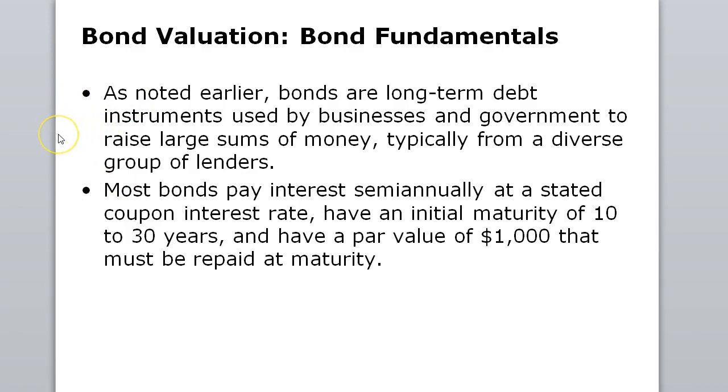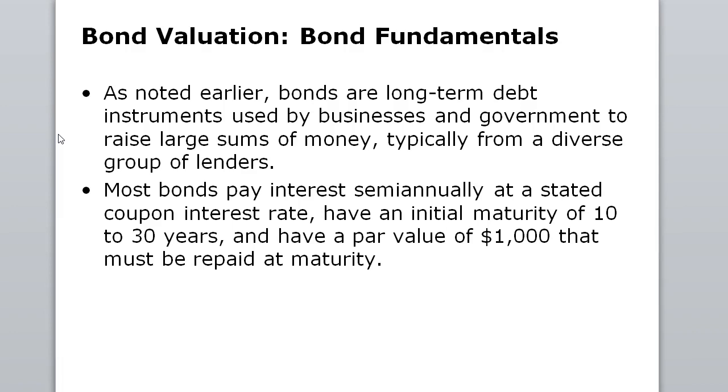So in bond fundamentals, as we noted earlier, bonds are long-term debt instruments used by businesses and governments to raise large sums of money, typically from a diverse pool of lenders. Most bonds pay interest semi-annually, as stated in the coupon interest rate, and initially the maturity is in a 10 to 30-year time frame. But some bonds can be 100 years. Disney has issued 100-year bonds, but they're rare.